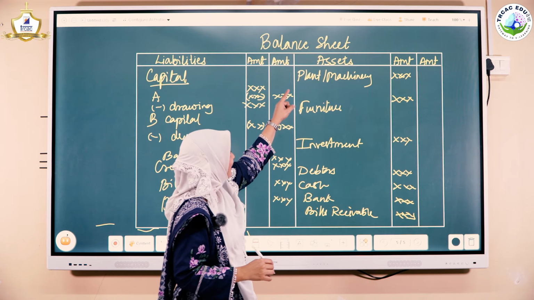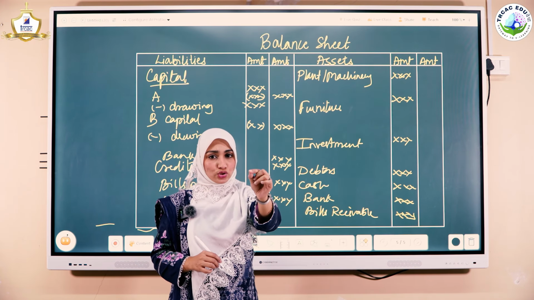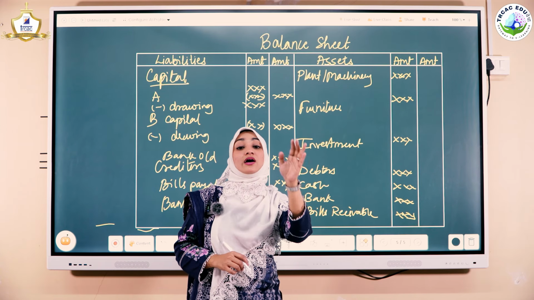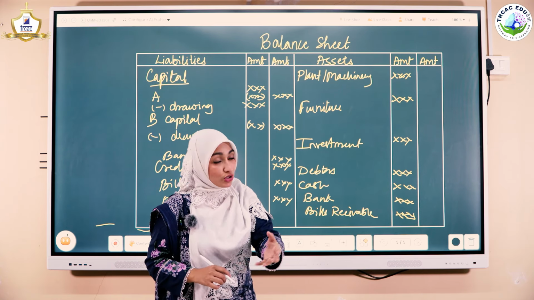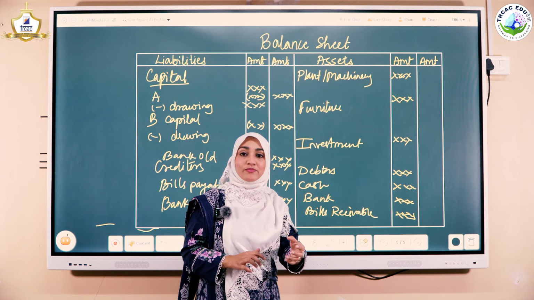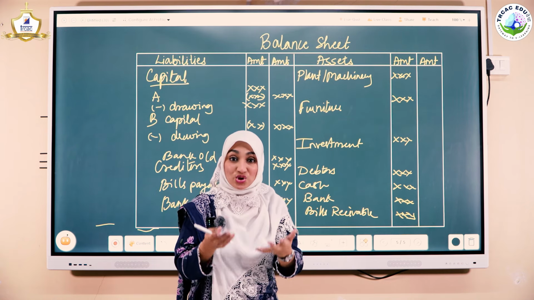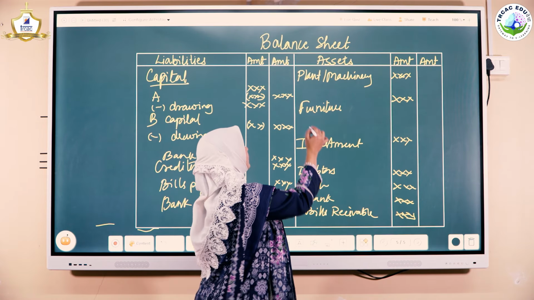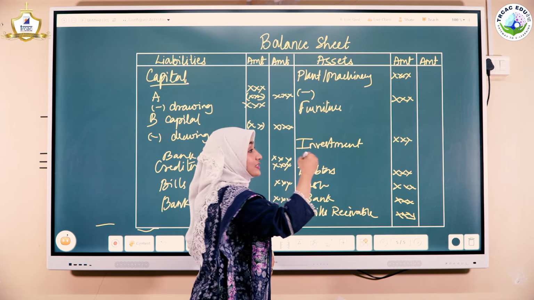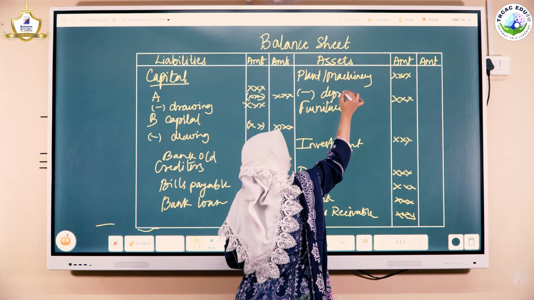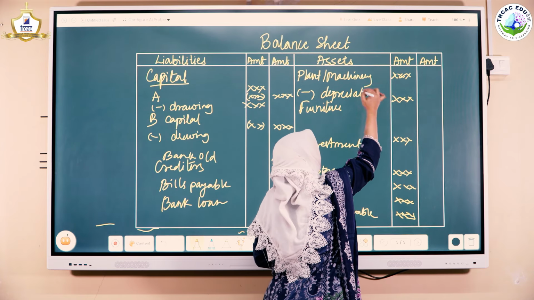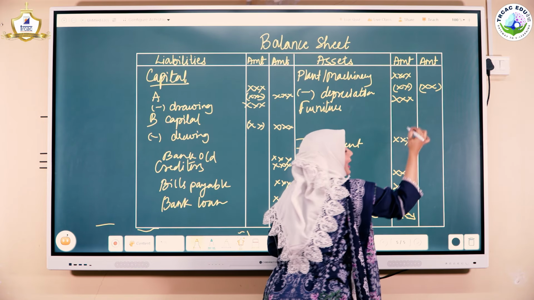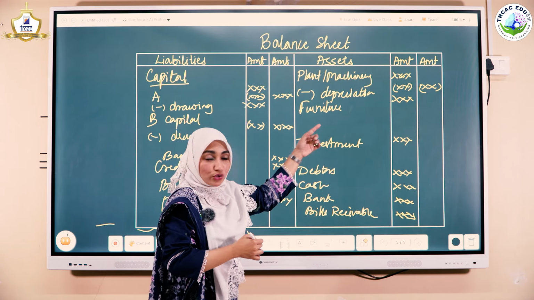Now, I want to explain a very short thing. Whenever we have assets in the business, assets are depreciated every year. So most of the time, you will be given the depreciation of your asset. So you will write the amount in the inner column so that you can deduct the depreciation and the final amount will go into the outer column.